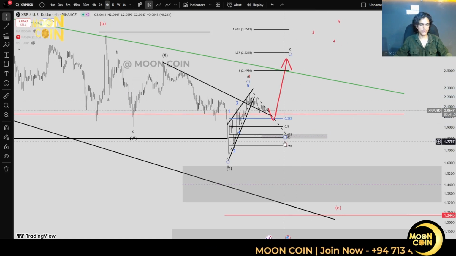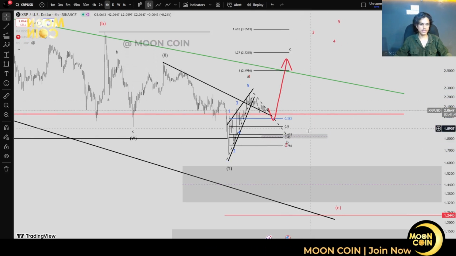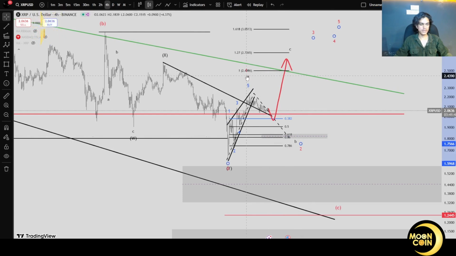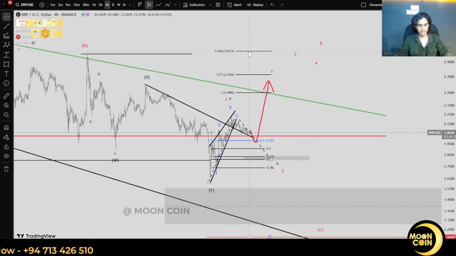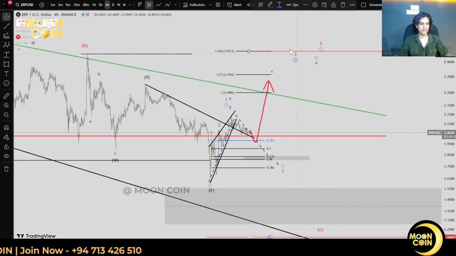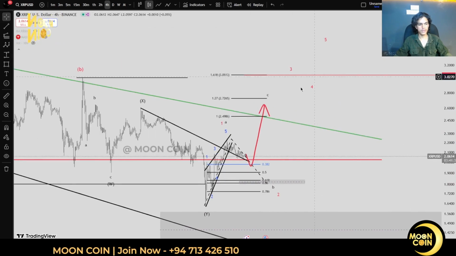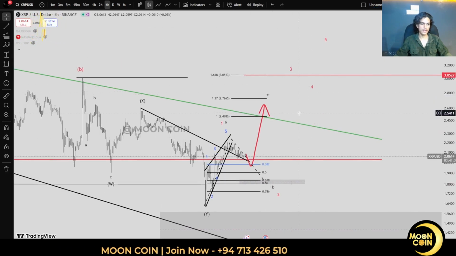It can also come for 0.161 and 0.66. Okay, so until the third wave, until the third wave's target is this 1.6 level, until this target is reached, we should consider anyway that wave to be a C wave.